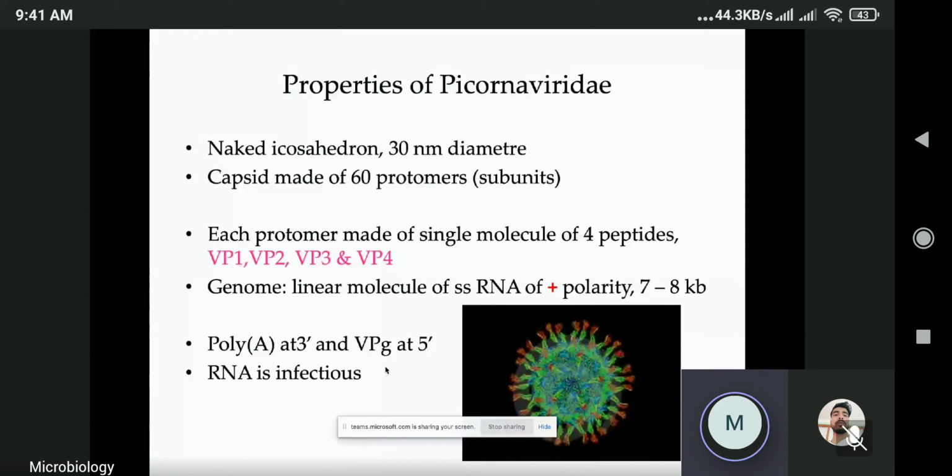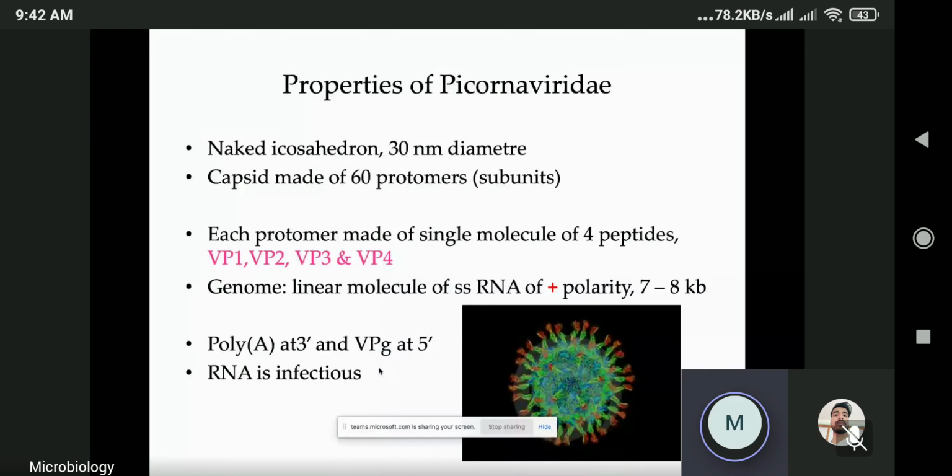Okay, and they have a linear molecule of single-stranded, positive-sense RNA with 7 to 8 kilo base pairs in sequence. Okay, they are called picornaviruses because their RNA is very small. See here, only 7 to 8 kilo base pairs. Pico means very small, RNA means ribonucleic acid.